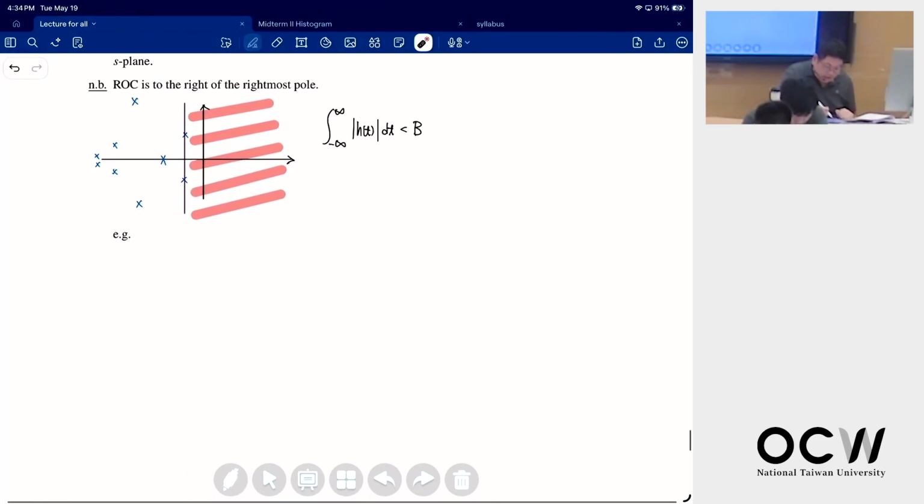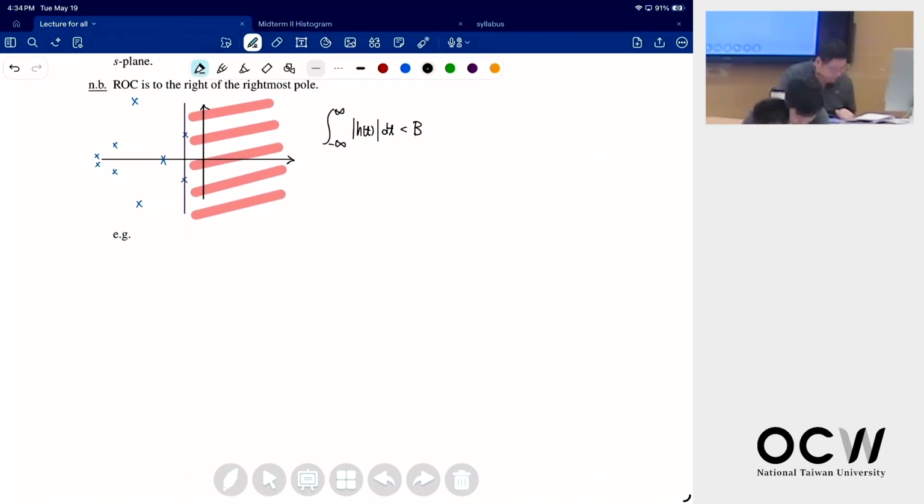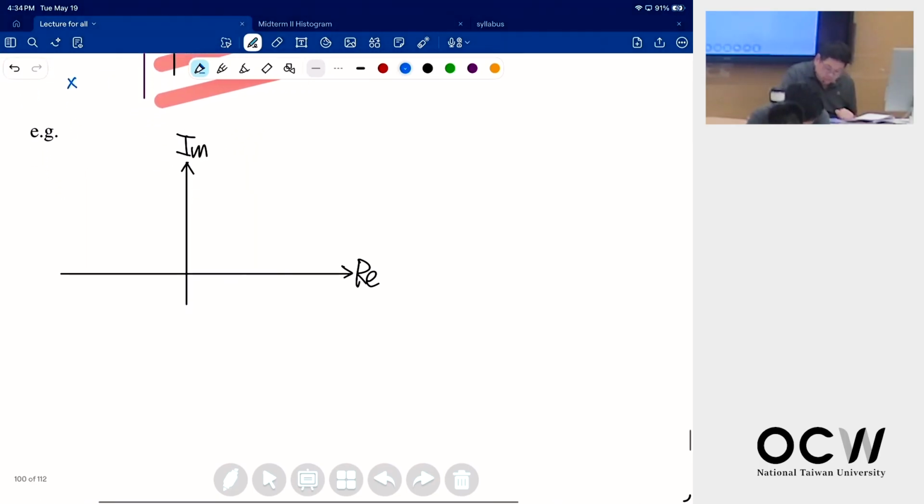First, here's the real part, imaginary part. I have poles at 2, 1. I have zeros at 0 and poles at -1.